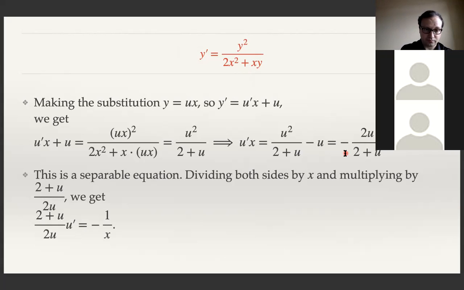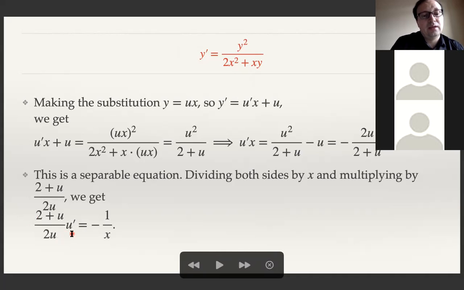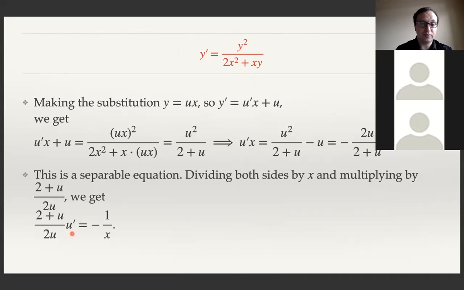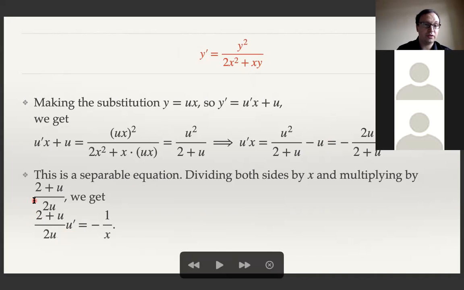So we have that 2 plus u over 2u times u prime, as it's written here, is equal to minus 1 over x times 2u over 2 plus u, which here cancels the 2 plus u over 2u, and 1 gets 1.